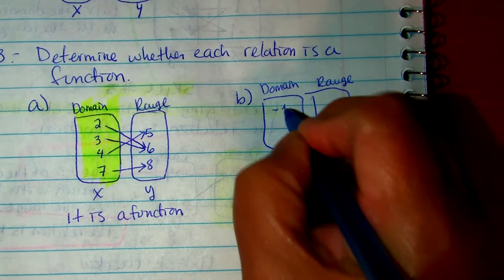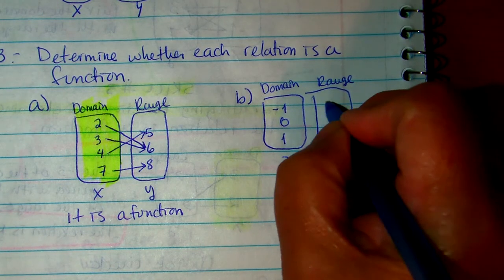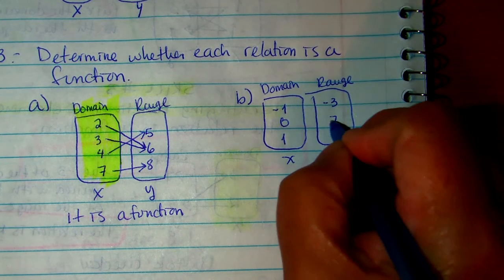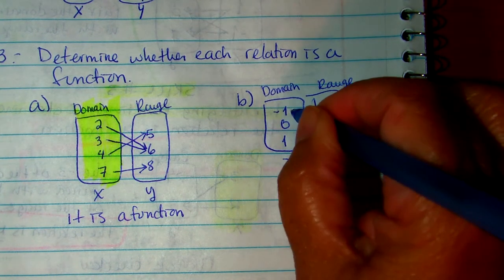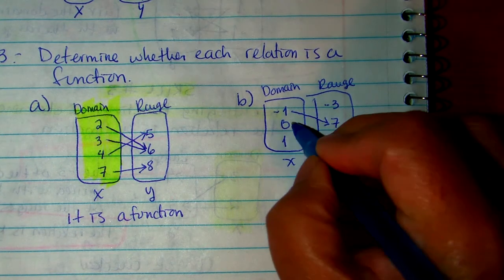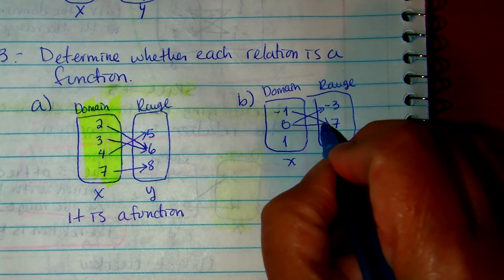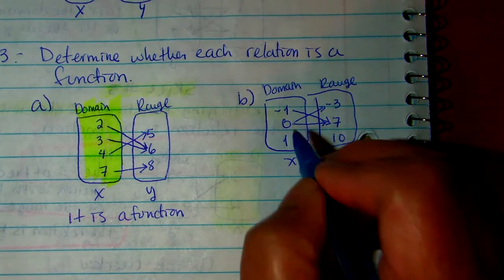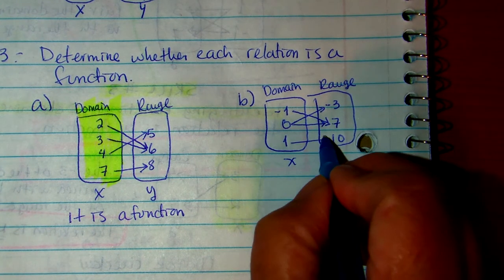I have the -1, the 0, the 1. I have the -3, the 7, and the 10. The -1 goes with the 7. The 0 goes with the -3, and it also goes with the 7. And the 1 goes with the 10.